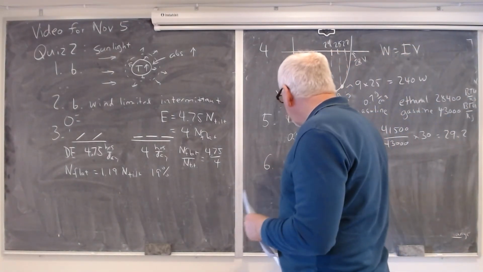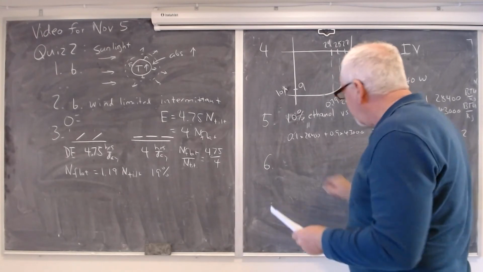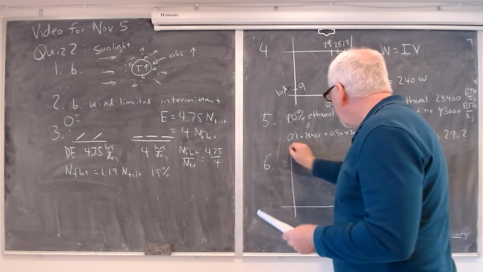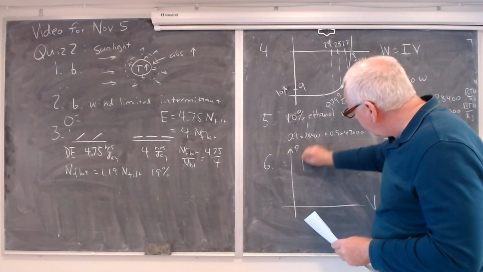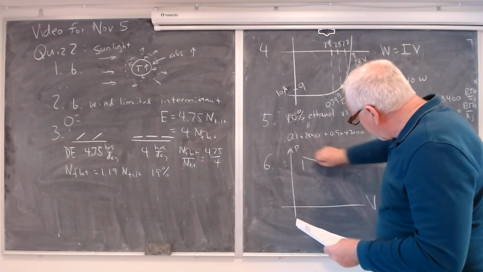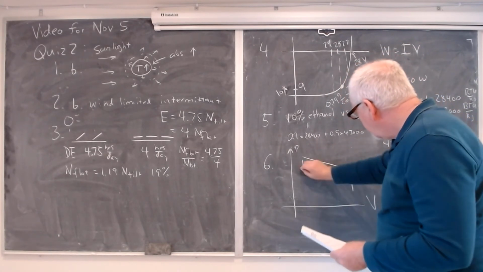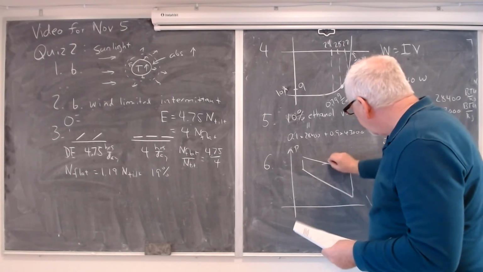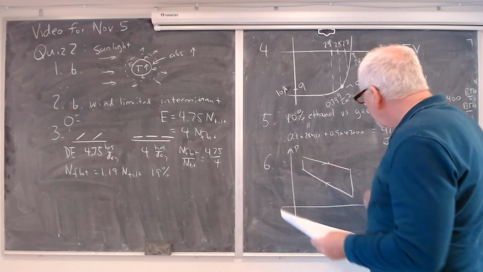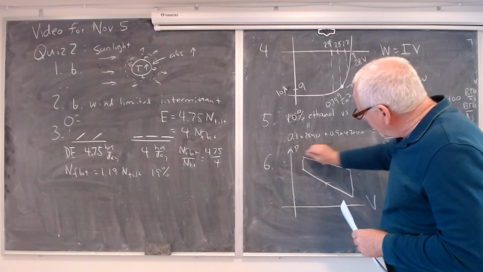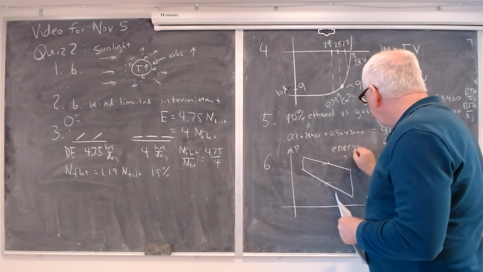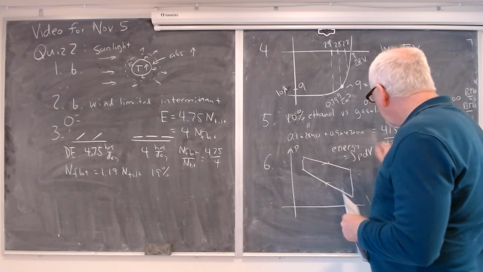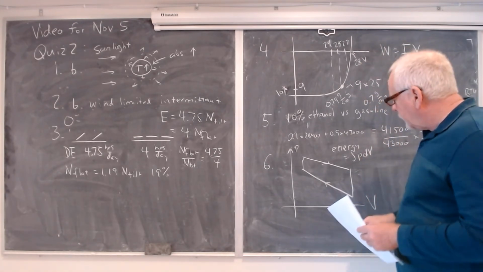And then number 6, which leads us into our lecture today, you had the PV diagram, and we went through how in a PV diagram, as you go through the cycle, the energy is equal to the integral of PdV, which is the area under the curve.